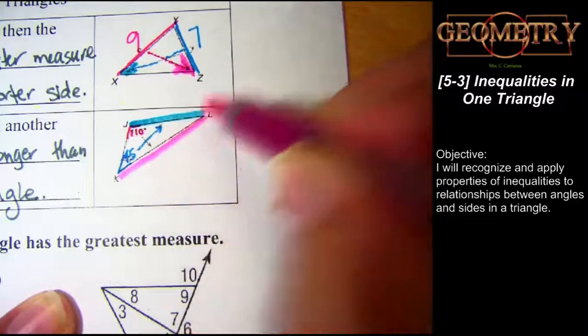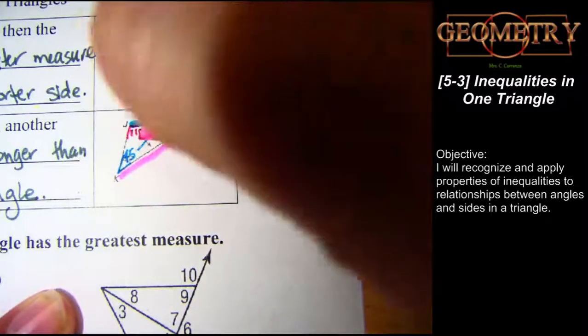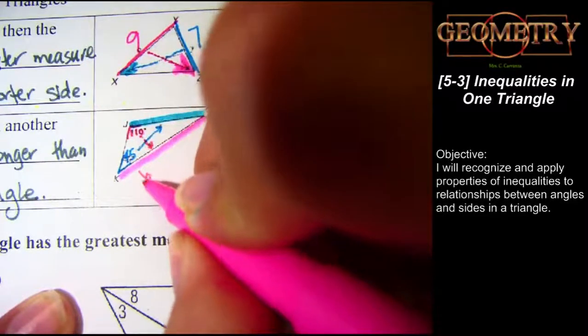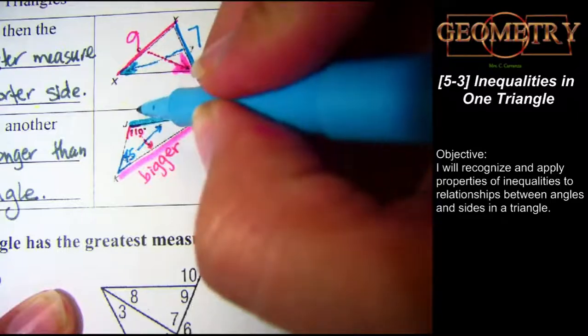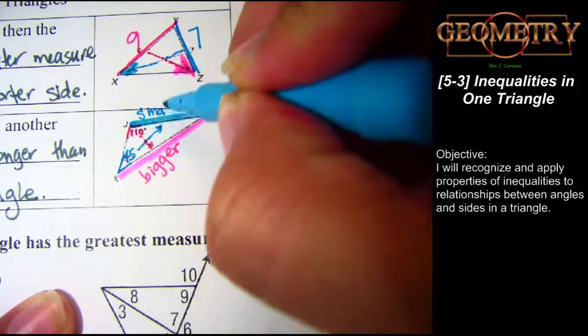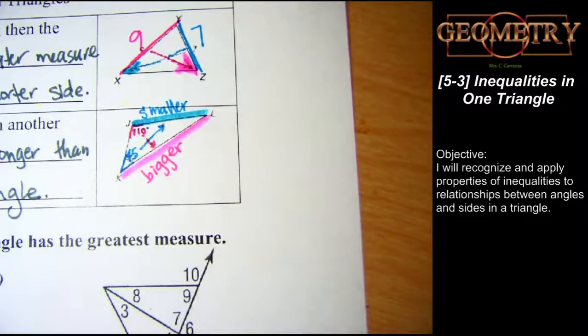Which side is bigger? KL, the one across from the 110 degree angle, because 110 is bigger than 45, and so the side opposite the 110 angle has to be bigger than the side opposite the 45 angle.